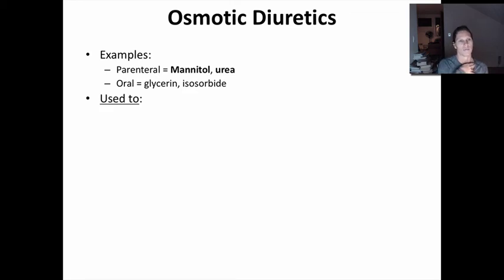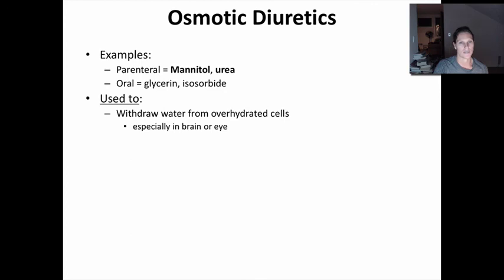So they're used to load up the body fluids with sugar and pull water into them. Wherever you put it, you're going to pull water out of a compartment and into that now super concentrated, hypertonic area.